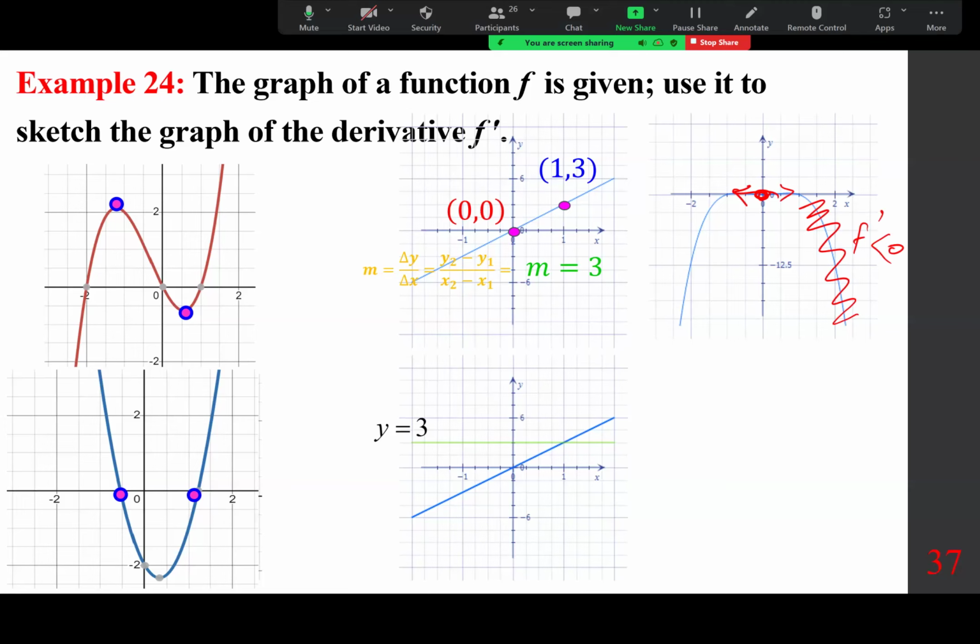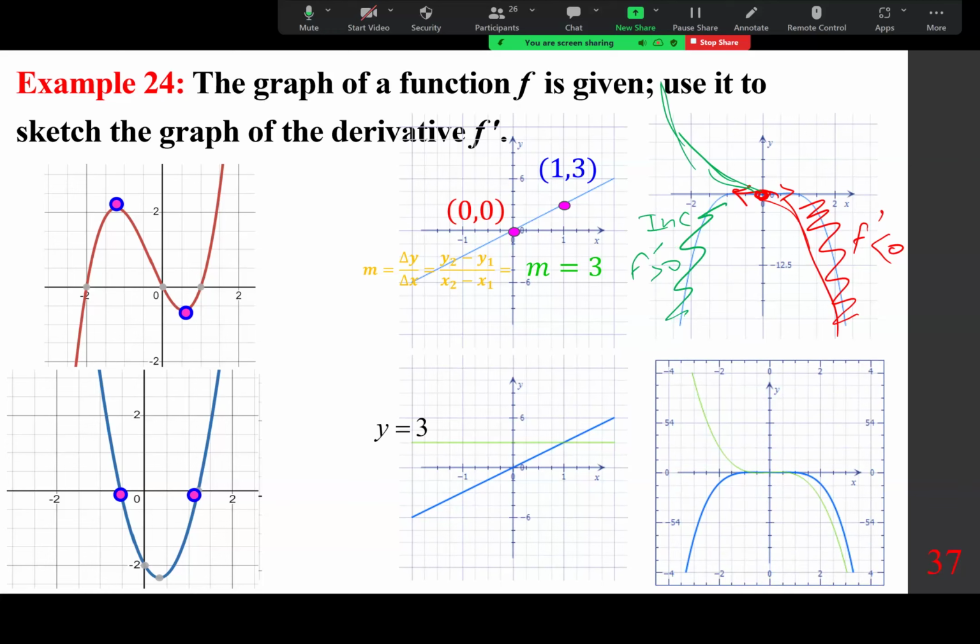So something like that. This part is increasing. F prime is positive, so above the x-axis, something like that. It looks like that. Again, definitely not to scale. The one I drew for you, just wanted to give you an idea.